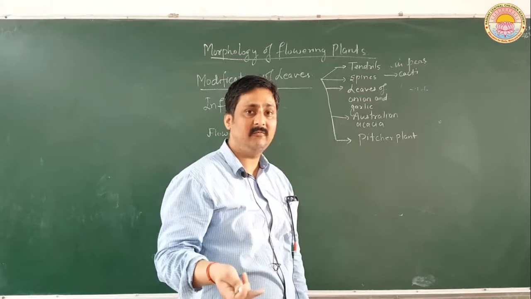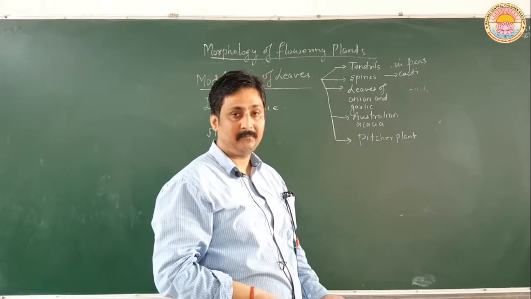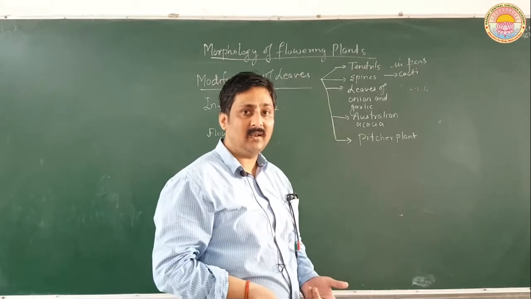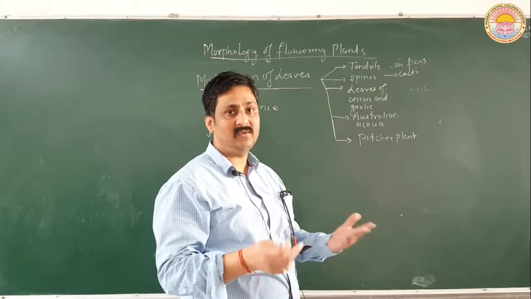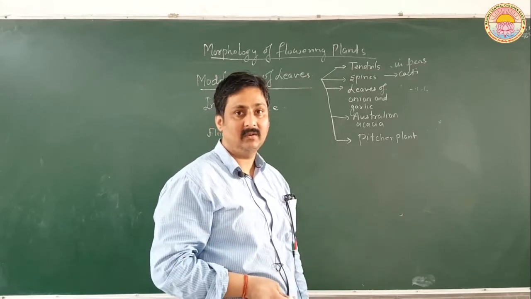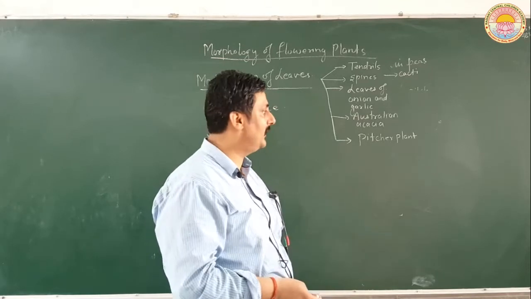It connects the leaves to the stem. This petiole expands and becomes green in color. It starts to perform photosynthesis. So here petiole is taking the function of the main lamina of the leaf, or you can say the leaf blade of the leaf.